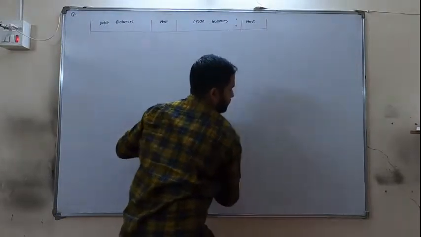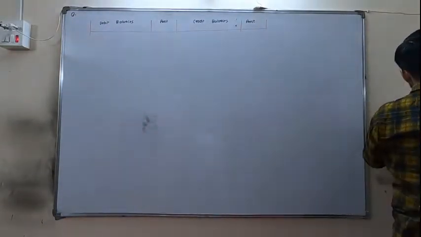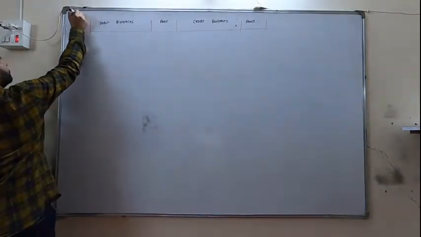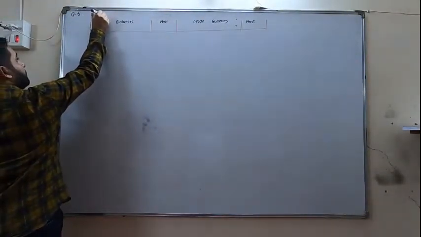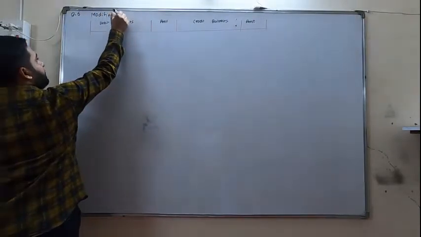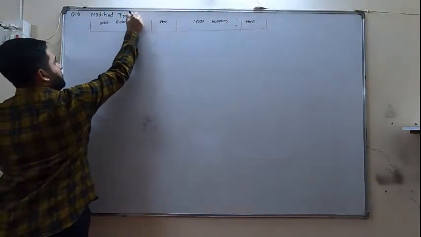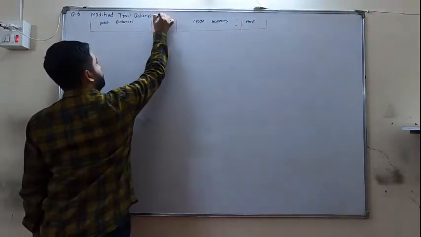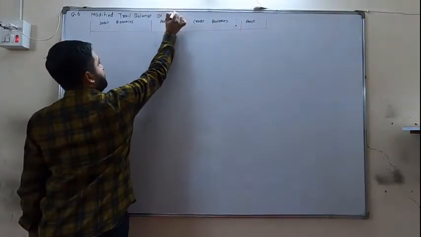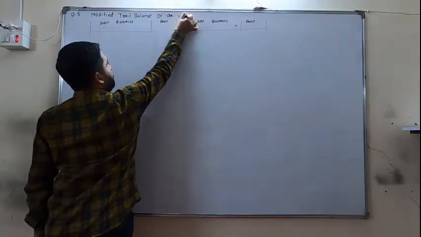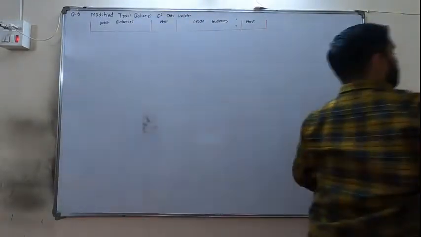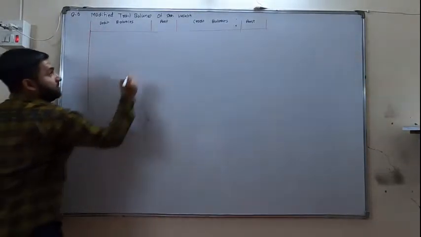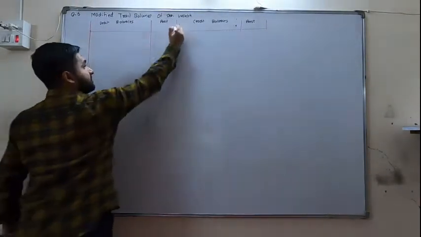So normally we will post all the entries, and the heading will be modified trial balance of Shri Vallabh. Why modified? Because already a trial balance is given which contains errors.